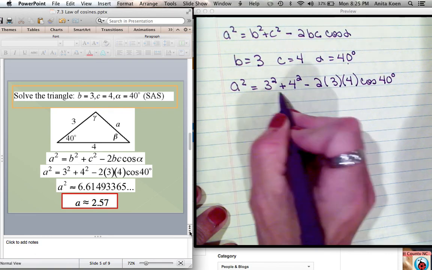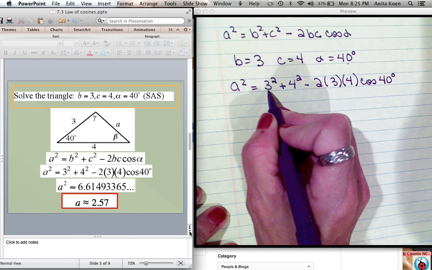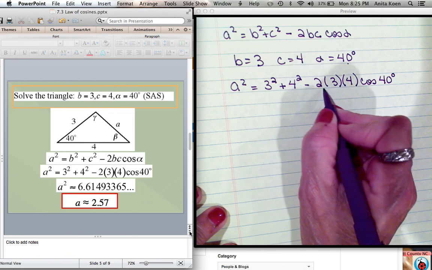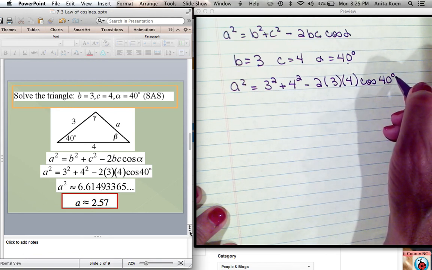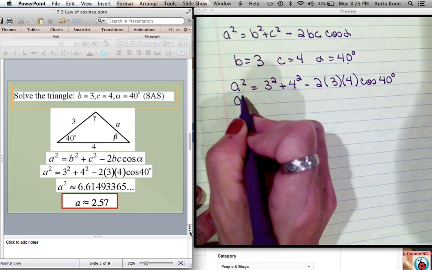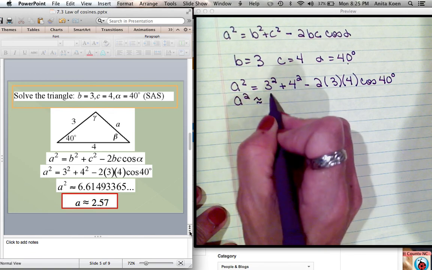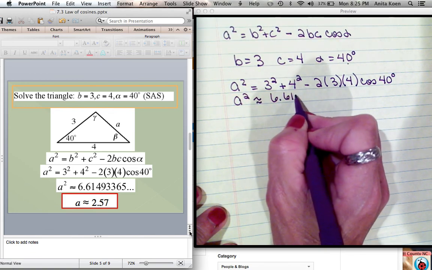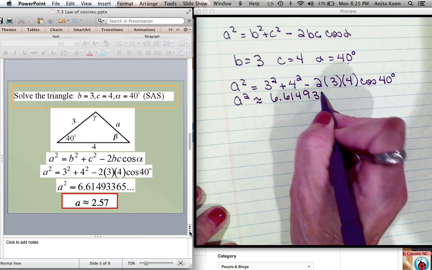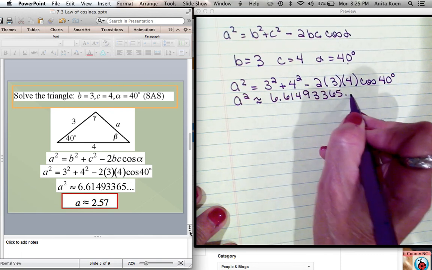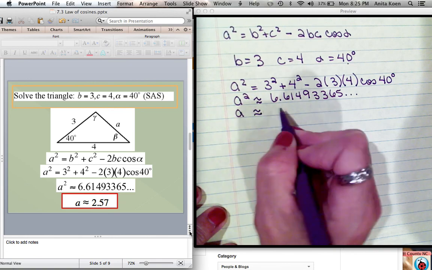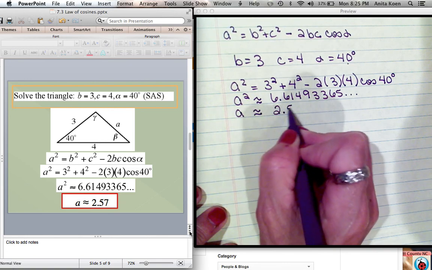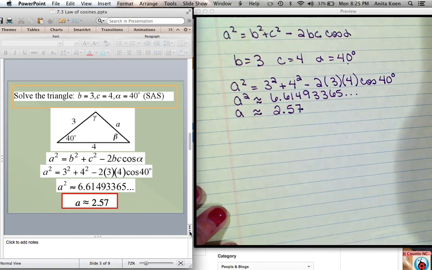And now all I have to do is go to my calculator and type in 3 squared plus 4 squared minus 2 times 3 times 4 times the cosine of 40 degrees, being sure that I'm in degree mode, and it will tell me then that a squared is approximately 6.61493365, and that goes on and on. Then I'm going to take the square root of that answer to get a is approximately 2.57 units. So now I know side a.